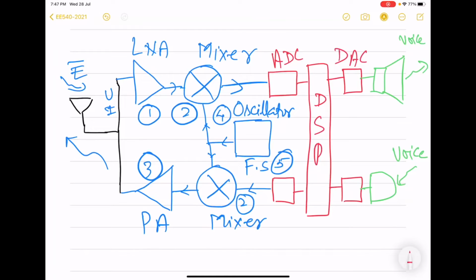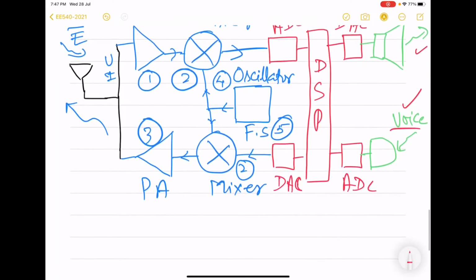All the signals that we sense in real life or that are produced in real life are of analog nature. So in the transmitter path, we have the reverse scenario. This analog voice is converted into digital, then processed by DSP, and then finally a digital to analog converter is there, and then fed to a set of other circuitry.